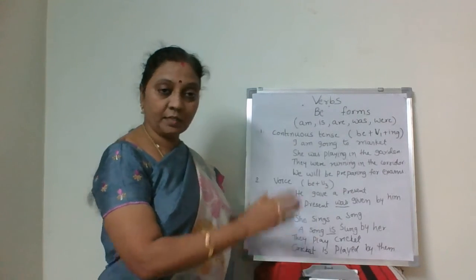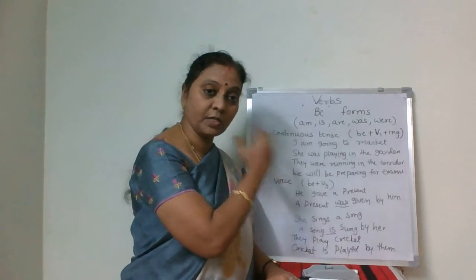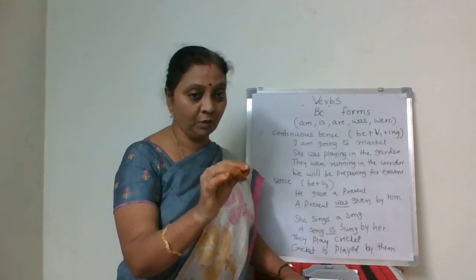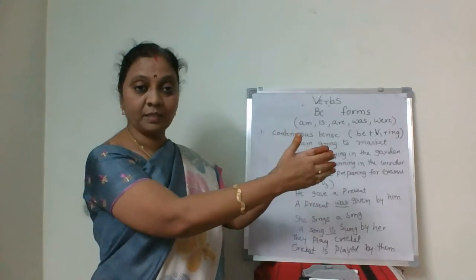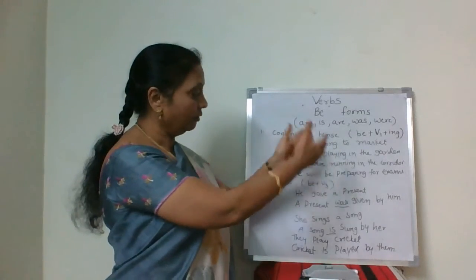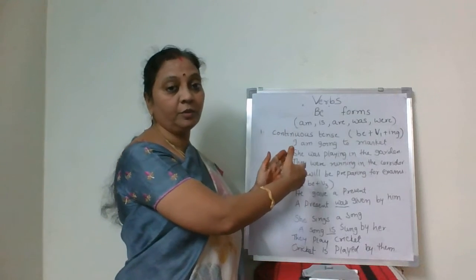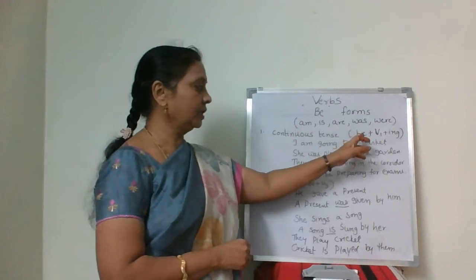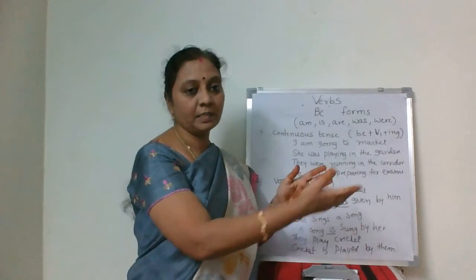They are used as helping verbs because already one main verb is there. How? You see, the structure is be plus verb plus ing form.